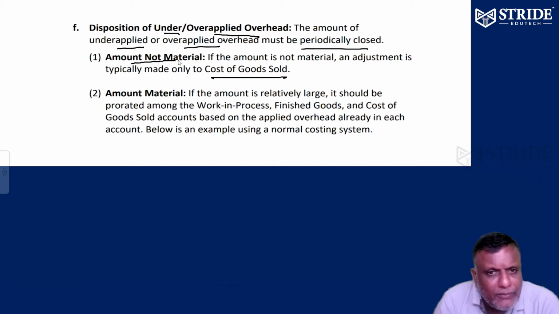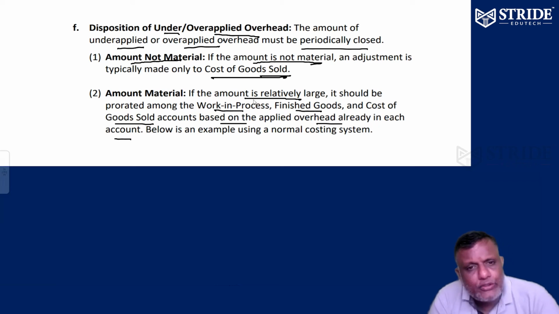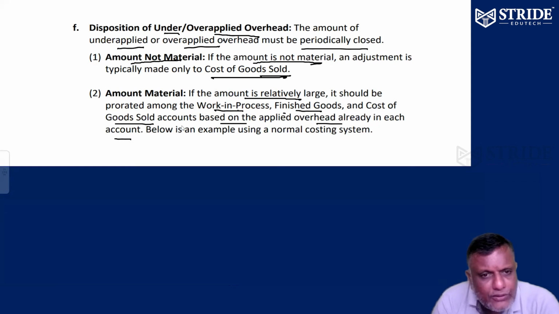If the amount is not material, it is adjusted to cost of goods sold. If the amount is relatively large, it should be prorated: charge work in progress, finished goods and cost of goods sold based on the applicable amount already in each account.